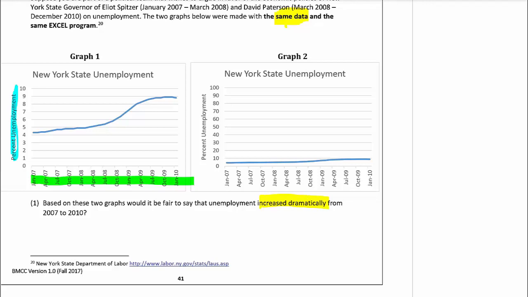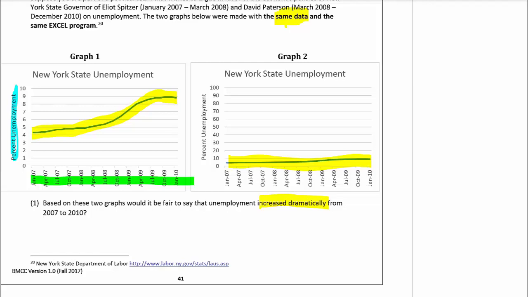If you look at the two graphs, you notice that the first graph looks like it's rising, correct? While the other graph looks like it's flat, correct? So how can it be explained that you're using the same data, but one shows an increase and the other shows that it's remaining flat?